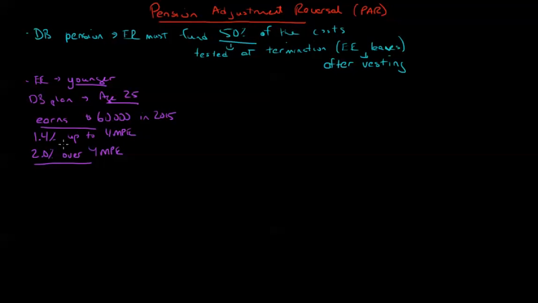And in exchange for that, the employee's cost for joining this plan, let's say, is 9% of their income up to YMPE, and let's say 11% of their income over YMPE in exchange for that higher benefit.